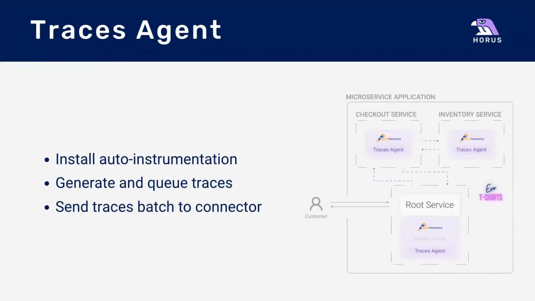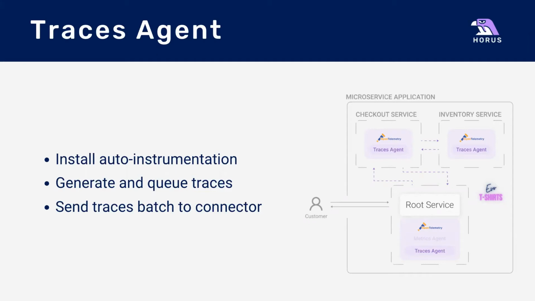This is because Horus has been made for microservice applications with the root service, so you only install it in the root service, because every request goes through it, and that's where you collect that data. That aggregates and averages out what's happening in the system.